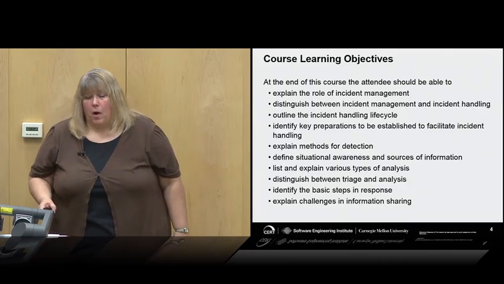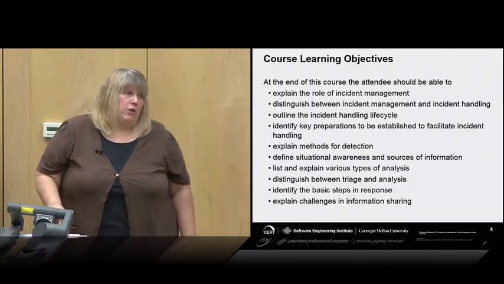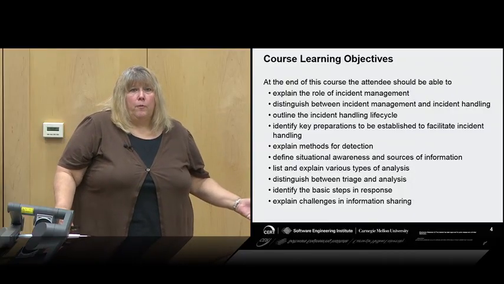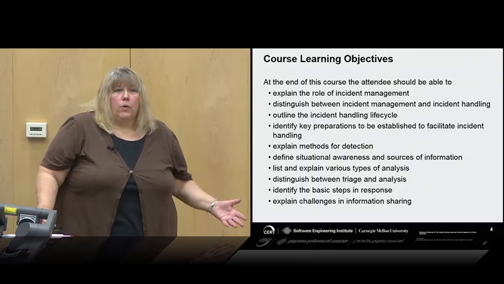And as part of response, you may have to share information. You may have to let people who have been victims of an incident understand what they need to do to contain that incident, to recover from that incident.